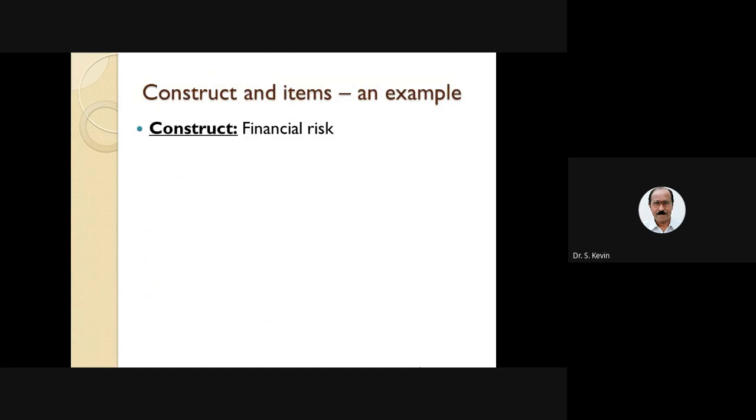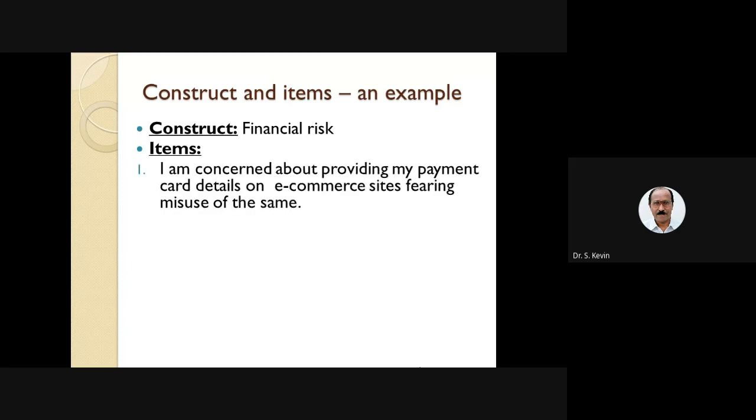Let us take financial risk, for example. So this is a construct. It will have different aspects, different elements. Those elements are converted into items. Let us look at the items. I'm concerned about providing my payment card details on e-commerce sites, fearing misuse of the same. So a simple statement, that's all.